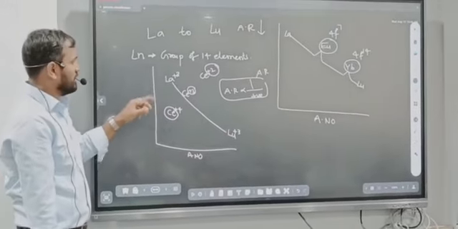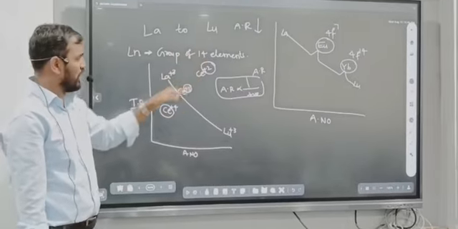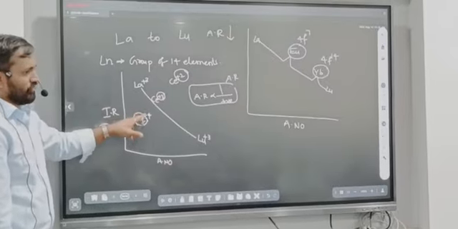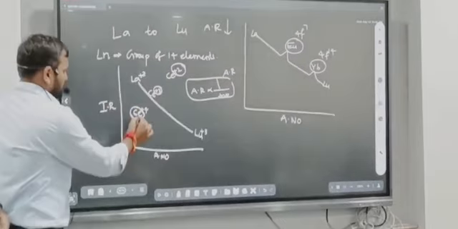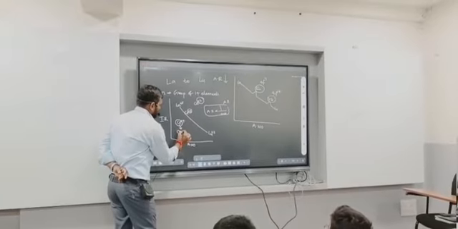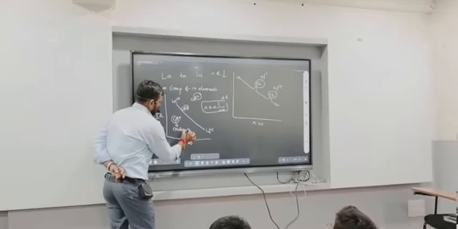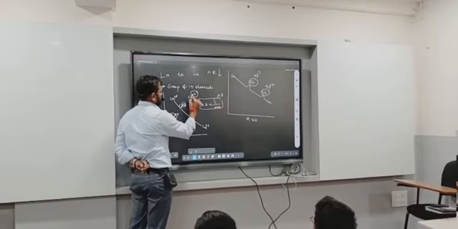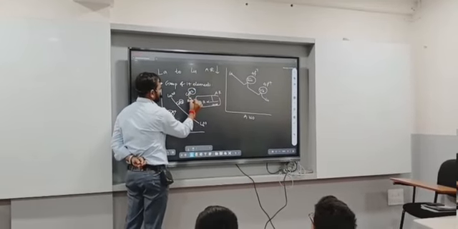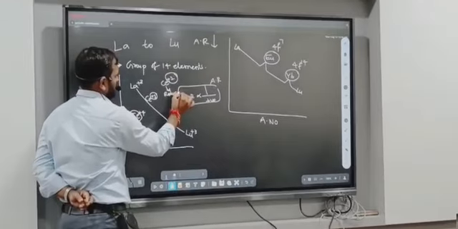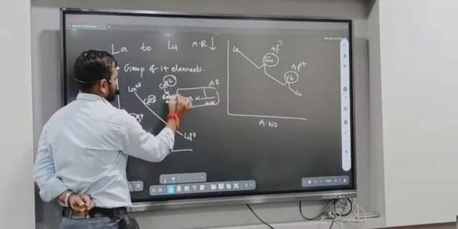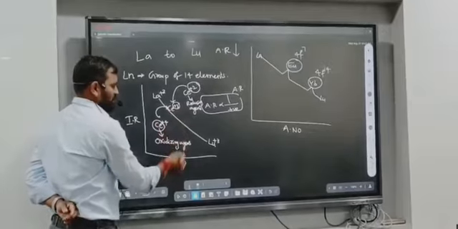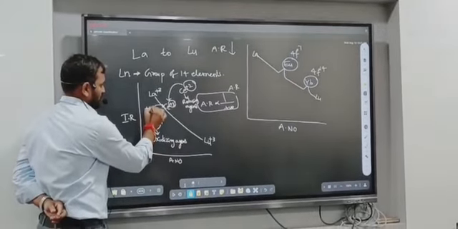So the radius depends upon the effective nuclear charge, Z effective, also. Which one has greater Z effective? Cerium +4. Cerium +4 acts as an oxidizing agent, whereas cerium +2 acts as a reducing agent. Cerium +2 tries to become +3, while +4 to +3 means gain of electron.